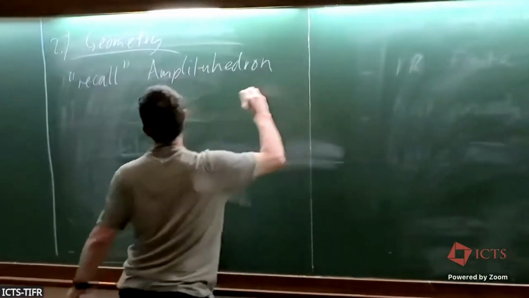Okay, so geometry. So you're supposed to recall something that I don't believe you've actually been told yet. I was kind of hoping that you would have been told this. So this is the Amplituhedron in the ATT form.